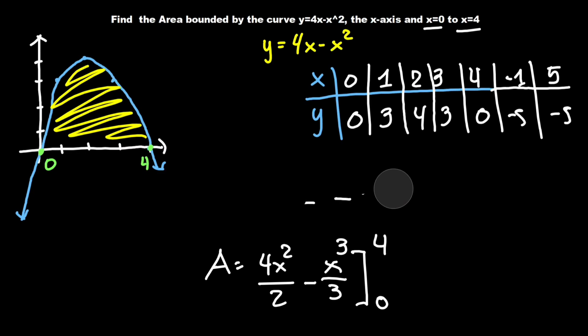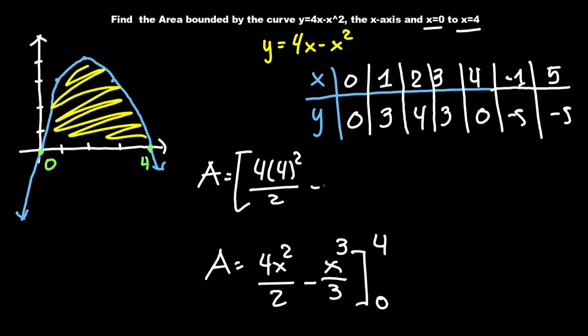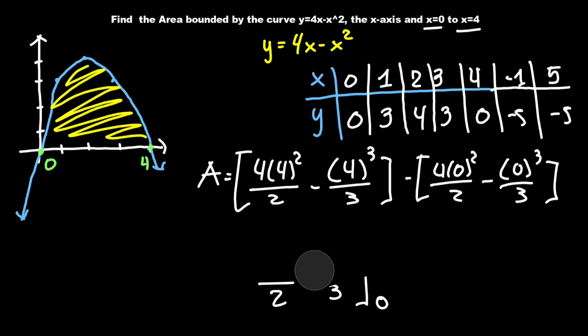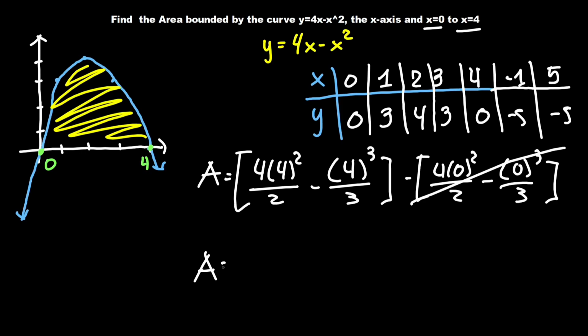So, let us substitute 4 first into this equation. This would be 4 multiplied by 4 squared over 2 minus 4 cubed over 3, minus 4 times 0 squared over 2 minus 0 cubed over 3. This would equal 0. 4 squared is 16. 16 multiplied by 4 is equal to 64, divided by 2, which is 32.